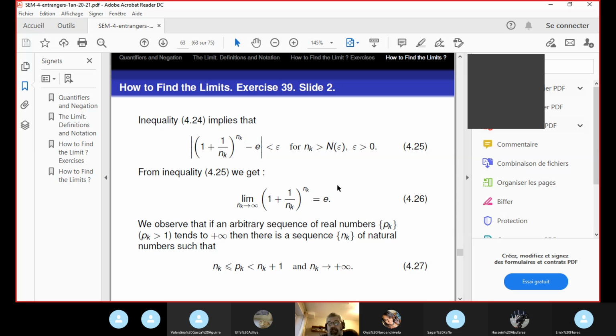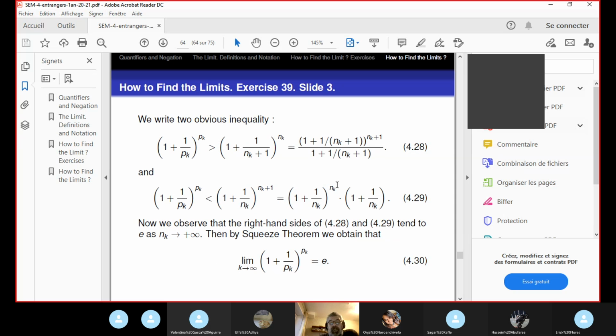So now, if I have this inequality 4.27, let us write two obvious inequalities. First of all, I take 1 plus 1 over p sub k, to the power p sub k.